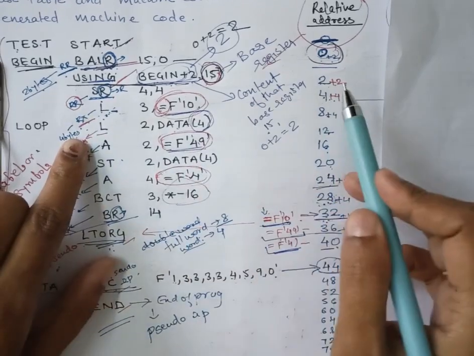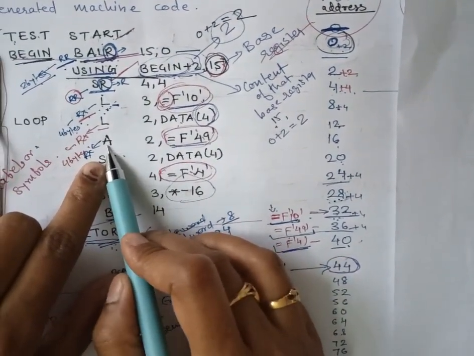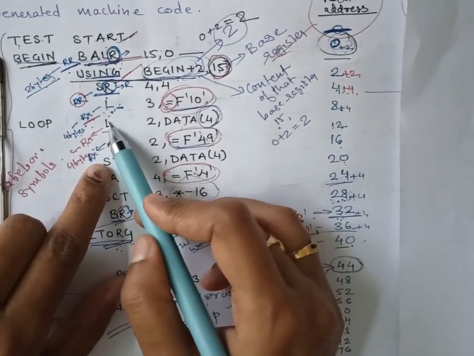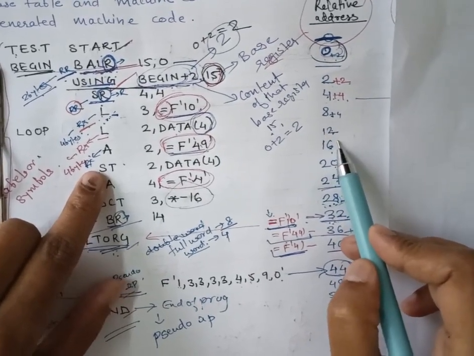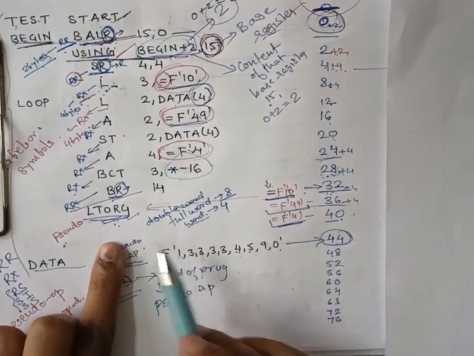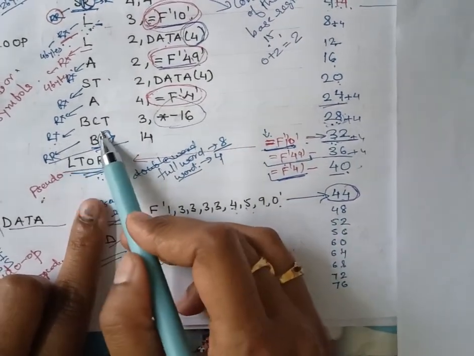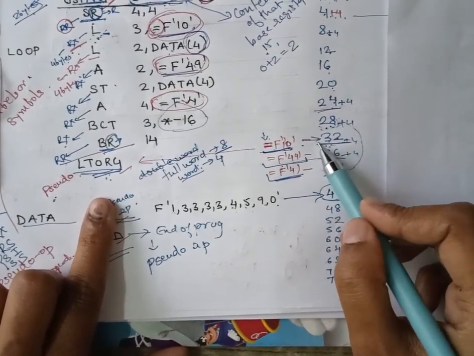If it is RR, then we have to add 2. And if we are finding the relative address for the A, we check the previous one; it is RX, so we have to add 4. That's why it is 12 here. Similarly, for the LTORG, we have to remember whether it is an RR instruction or an RX instruction, we have to take it into the full word only.